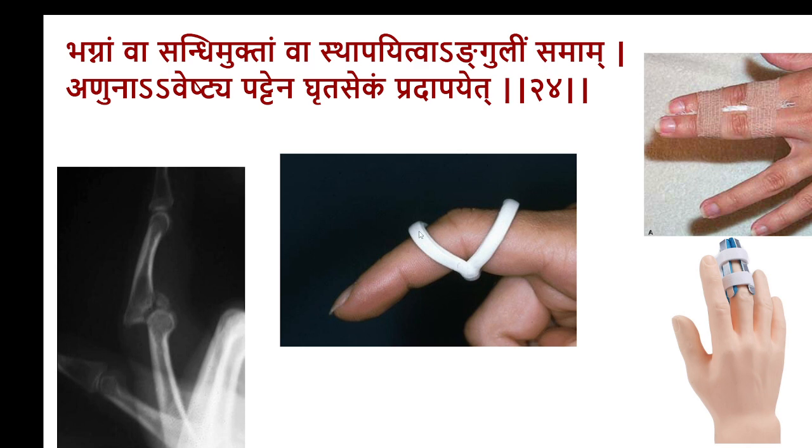The other choices could be a figure of 8 splint or a Sheffield splint to keep the fingers immobilized, but it's always considered that the buddy bandage, or making use of the other finger as a splint, is the better choice.